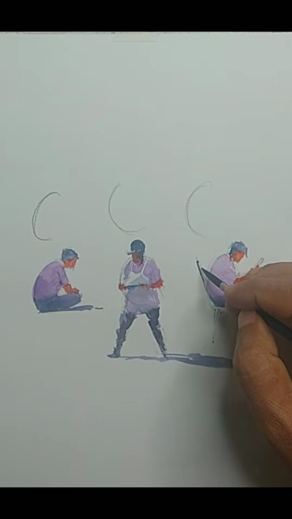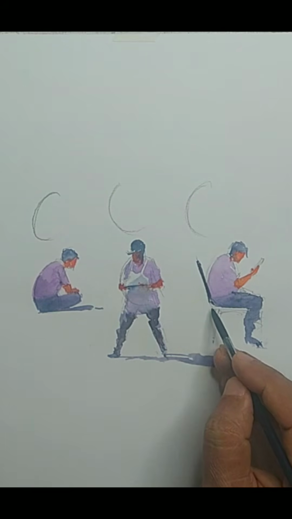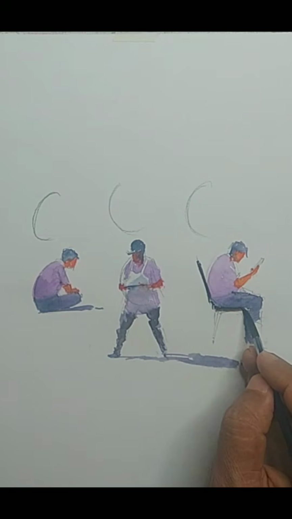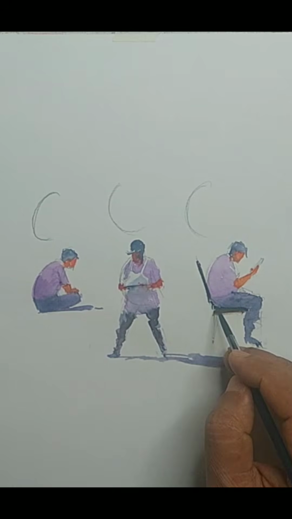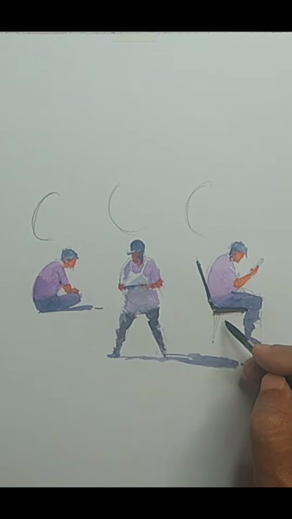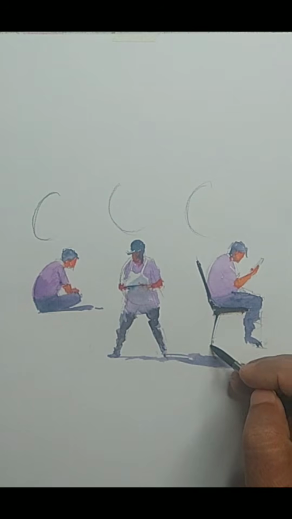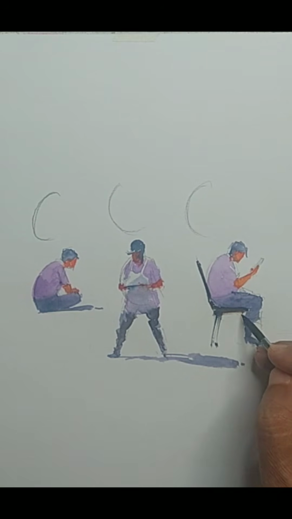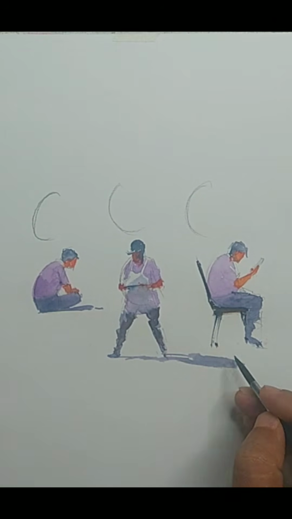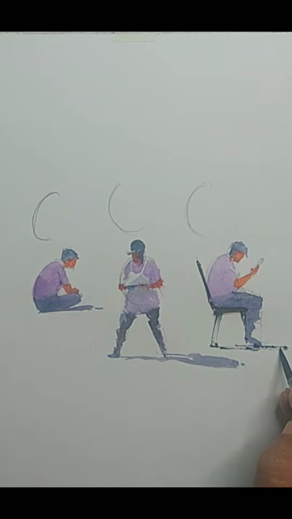Now this looks good, and that's it. I think we are suggesting the chair and some suggestion for the legs of the chair. As I told, I'm using a round brush with a good point. Any round brush with a good point should be sufficient, preferably a smaller size, because these figures are not large enough.